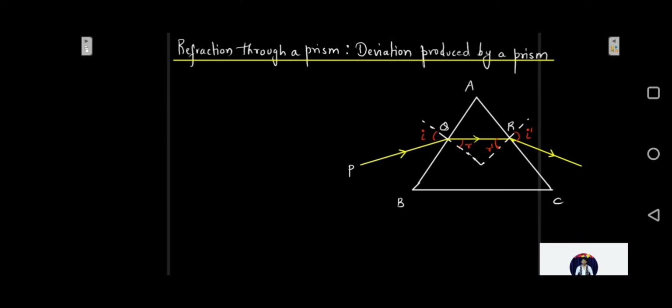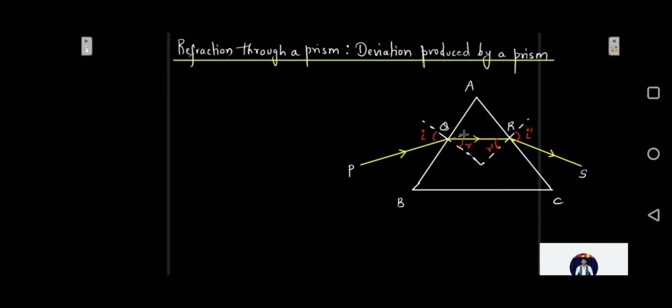Let's say the last ray is RS. If we produce the incident ray PQ and the emergent ray SR backwards, what you are going to get over here is something called the angle of deviation.